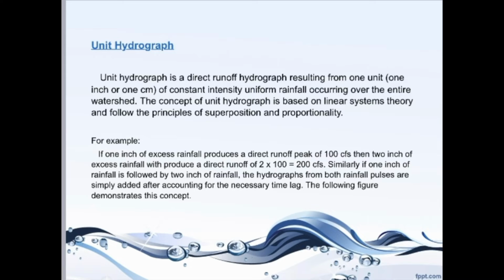Similarly, if 1 inch of rainfall is followed by 2 inches of rainfall, the hydrographs from both rainfall pulses are simply added after accounting for the necessary time lag. The following figure demonstrates these concepts.